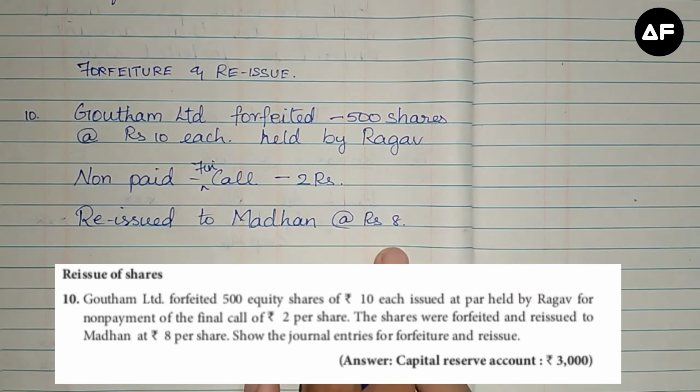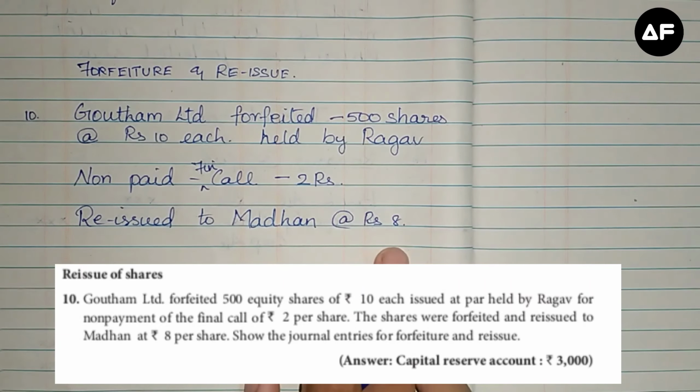The number of shares is 500 and the face value is 10, out of which 2 is unpaid for the final call, so 10 minus 2 is 8. 500 into 10 is 5,000 debit. 500 into 2 is 1,000 in the credit, and 500 into 8 is 4,000 in the credit. 4,000 plus 1,000 gives 5,000. Being 500 shares forfeited. This is a simple forfeiture entry.